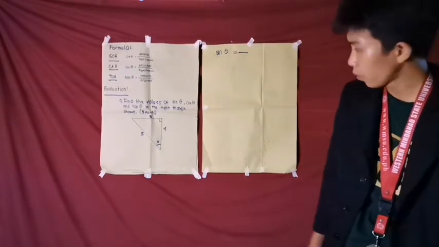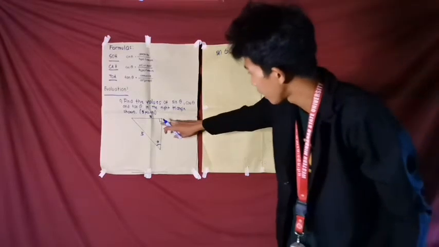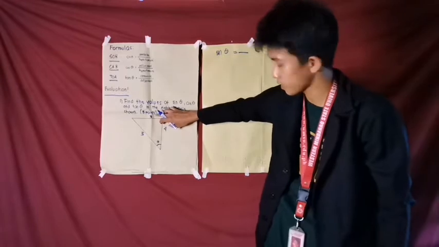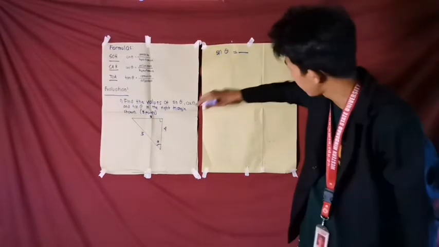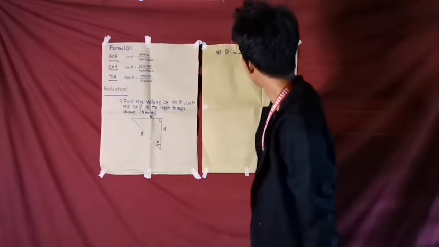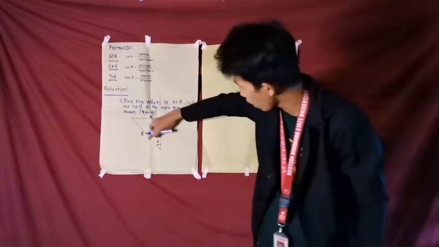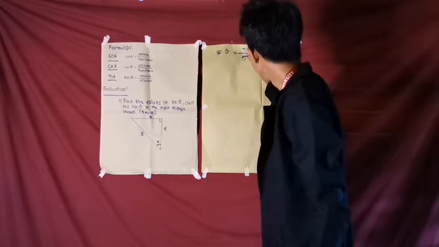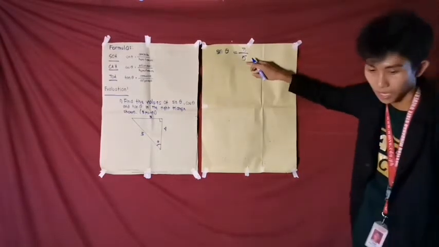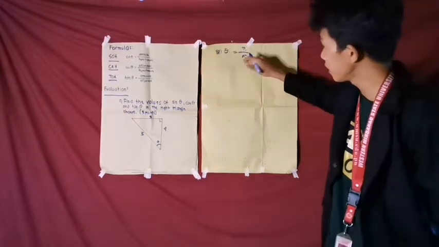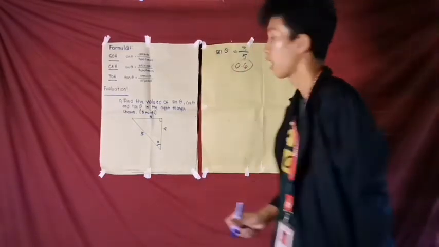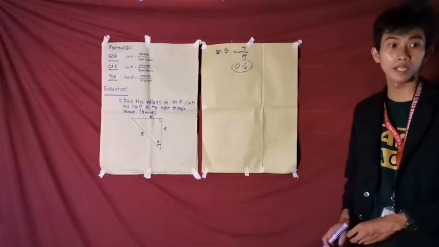As I said earlier, the opposite is the side opposite the right angle, so the opposite is 3. The hypotenuse is the long one, which is 5. So, divide 3 by 5. The answer is 0.6. Check the papers of your seatmate.